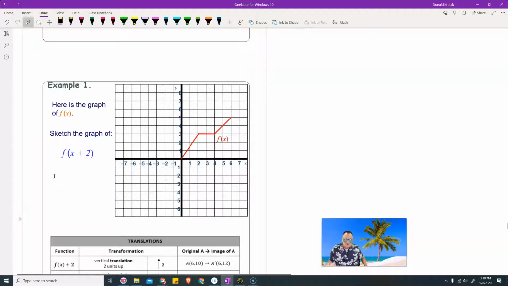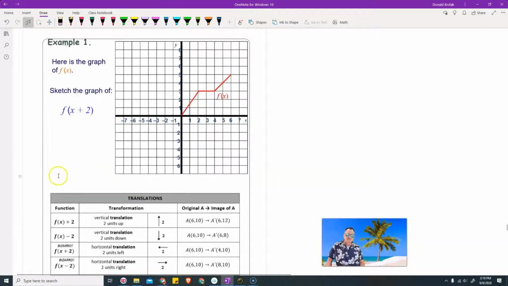Alright, so when I look at this, I see +2, but it's happening to the input. So I automatically go to the upside down world, bizarro world. So this really means every x-coordinate, subtract 2 from it.